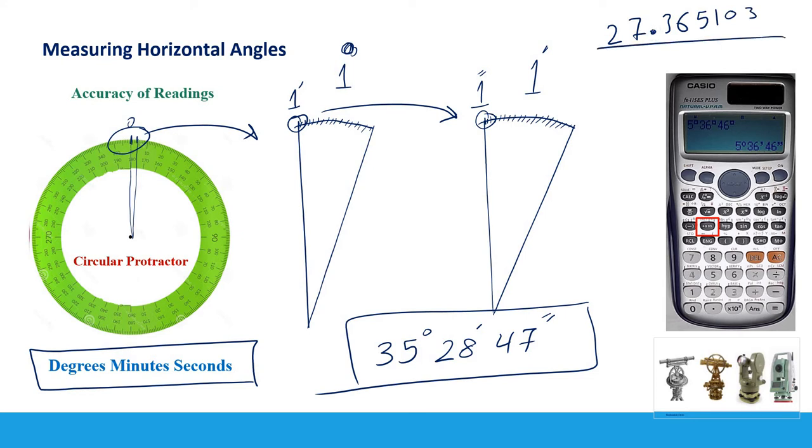So to convert this into the format of degree, minute, second, like this one, just using your calculator, just press on this button here, as you can see here in red. So this button will convert the decimal degrees into degree, minute, second, and also will convert the degree, minute, second into decimal degrees. So if you need to convert your angles or to do any calculations using this format of the degrees of the measurement of the angle, you can just press this button on your calculator, this one.